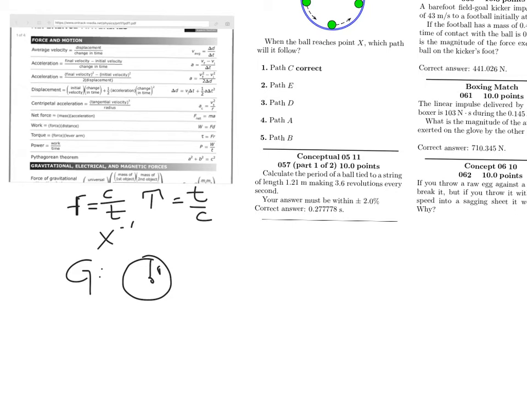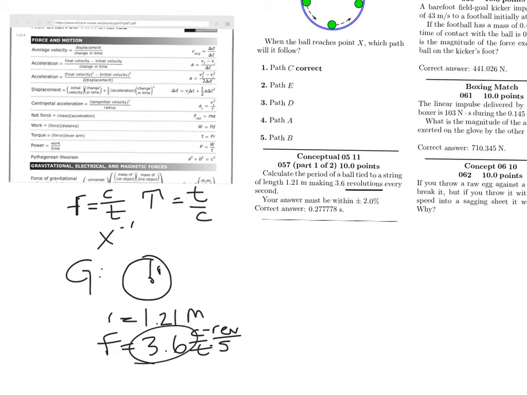Our given is r of 1.21, making 3.6 revolutions per second. Is that frequency or period? That's a frequency, like cycles per time. Cycles and revolutions and time and seconds mean the same thing, so that makes this a frequency.